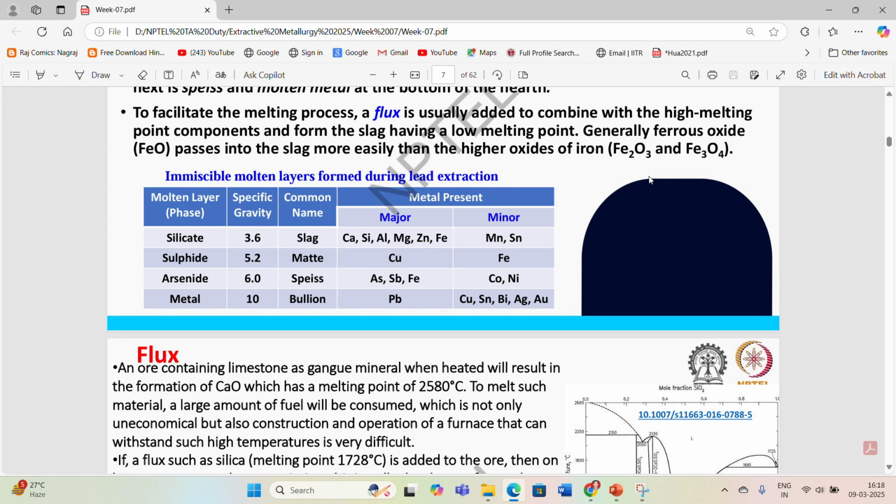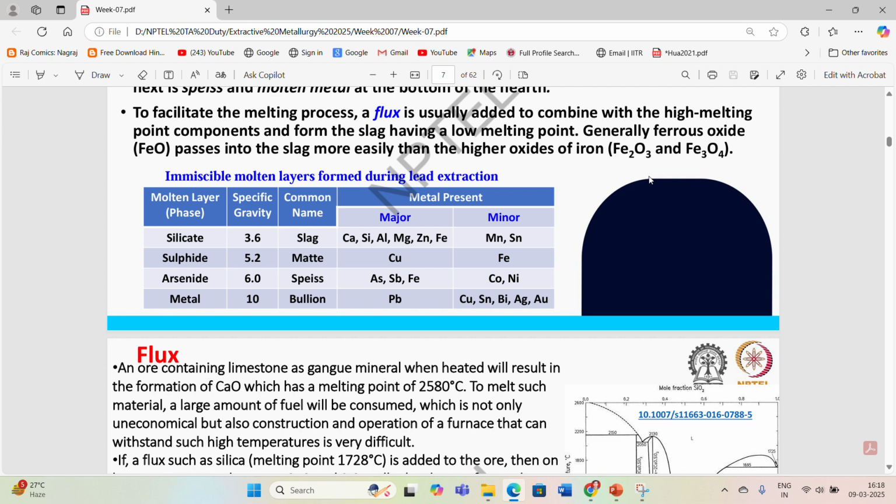So slag is doing two works simultaneously. One is helping to reduce the melting point of that particular oxide material by reacting with it, and at the same time it is getting combined with that particular impurity metal oxide so that they can report into the slag phase.